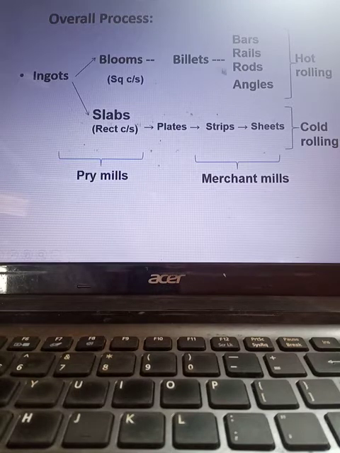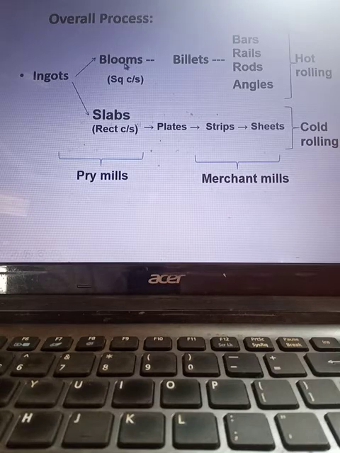Now in this whole process, there are basic differences. Can you see this? Getting blooms from ingots, and getting slabs from ingots, happens in the factory workplace called the primary mill.